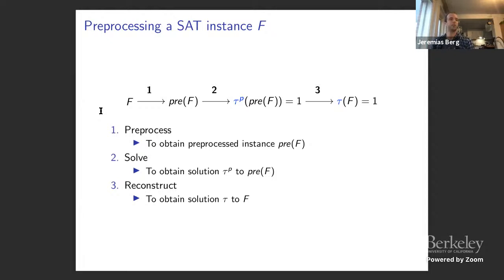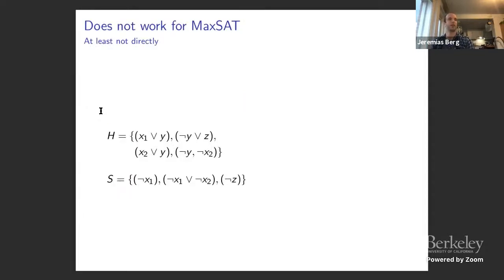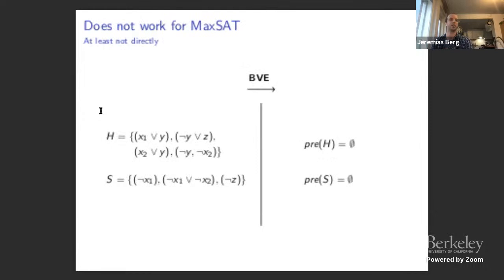And the first fairly simple observation to make is that this does not work directly for MaxSAT. So here we have the same instance as before. And if we now run, for example, bounded variable elimination just freely on this instance, it's fairly easy to show that you can eliminate all of your clauses, both hard and soft.